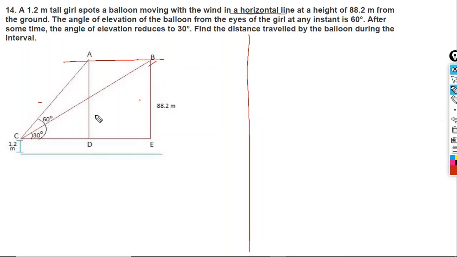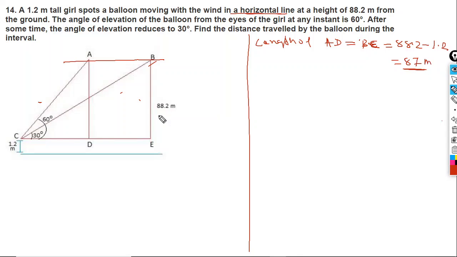Now the length of AD equal to BE, both are same, will be equal to 88.2 minus height of the girl 1.2, which will be equal to 87 meter. So 87 meter will be the length of BE.